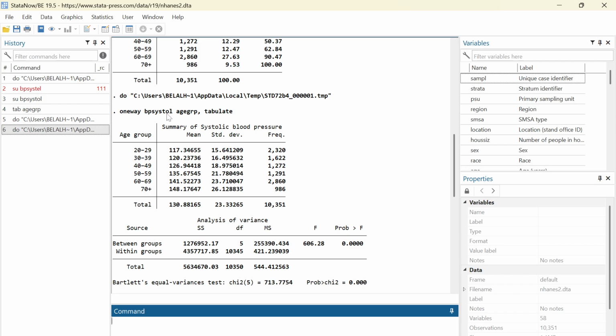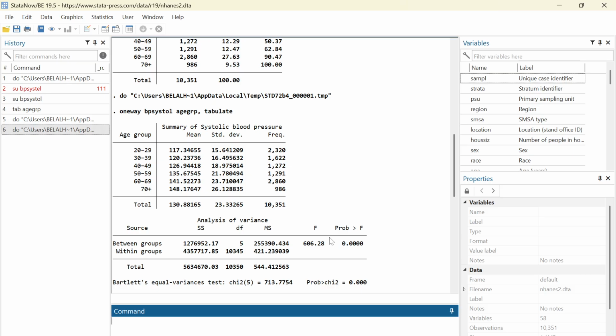For example, across these age groups, whether there's any difference in group mean systolic blood pressure. But what ANOVA does not tell us is where the difference is. So that's why we need a post hoc test like Tukey post-hoc test, right?